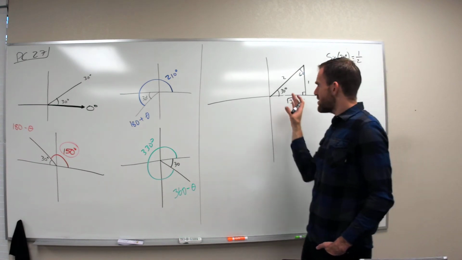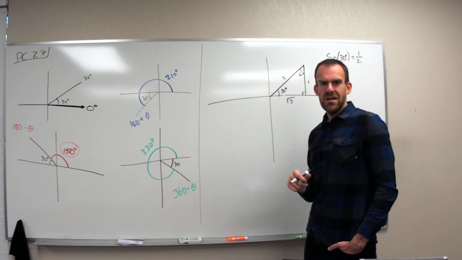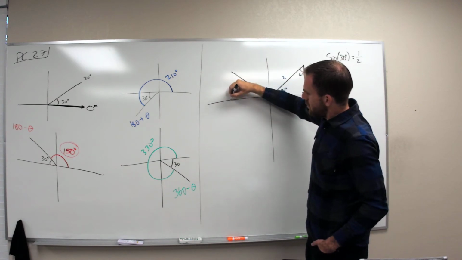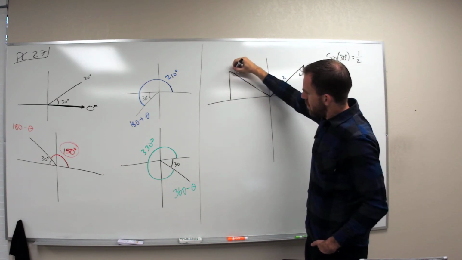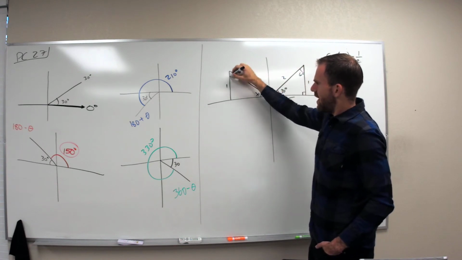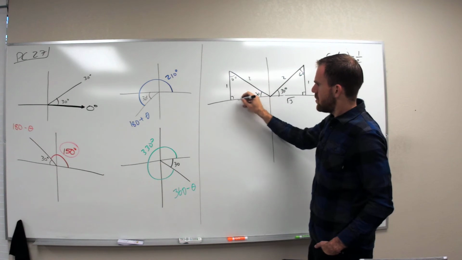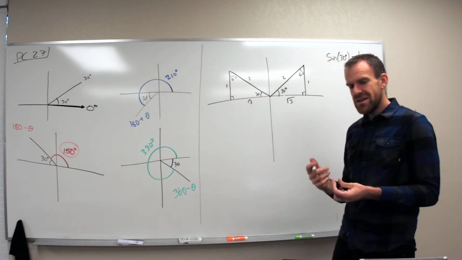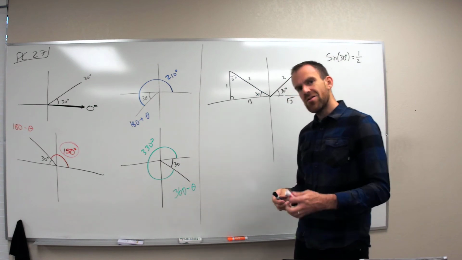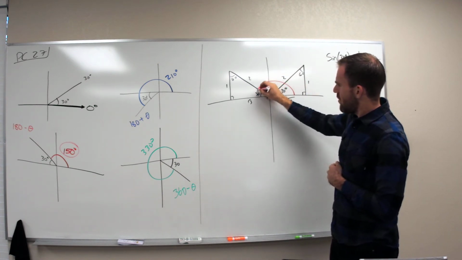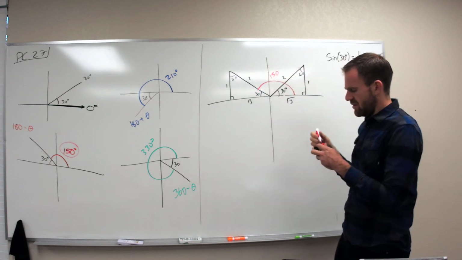Now, if I take the related angle to 30 degrees in this quadrant, I can also find sine of that angle. So what is the related angle in the second quadrant to 30 degrees? Well, this angle is 150.